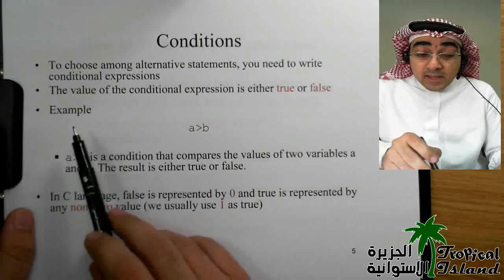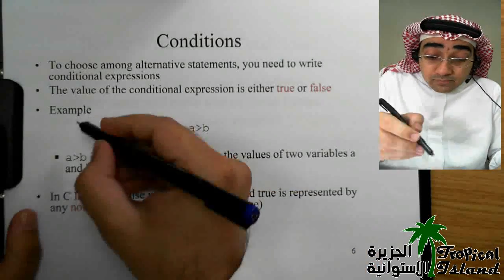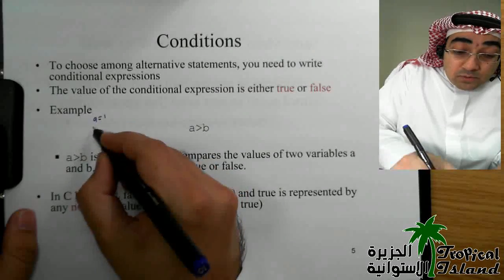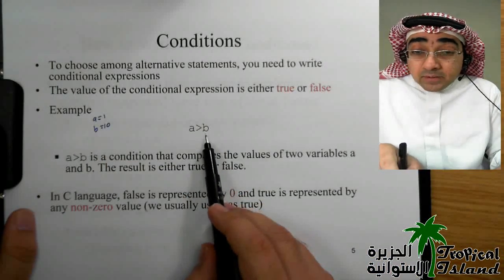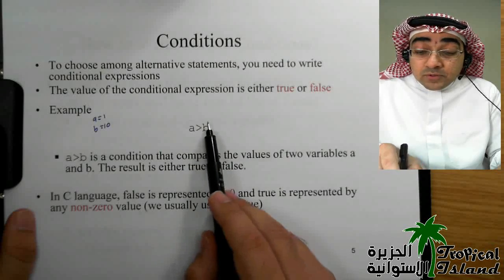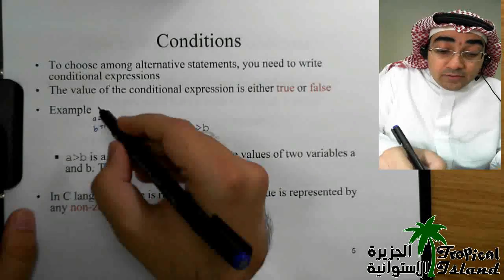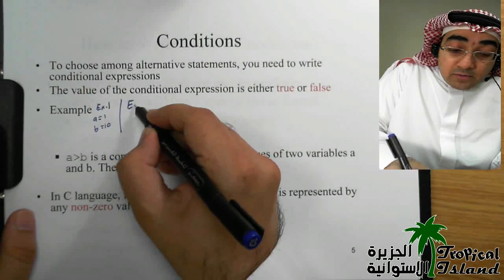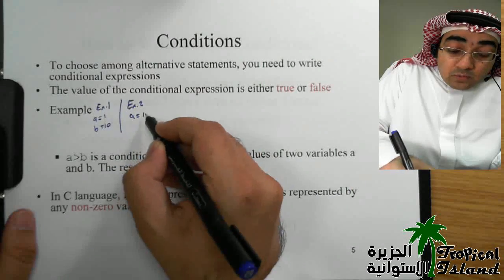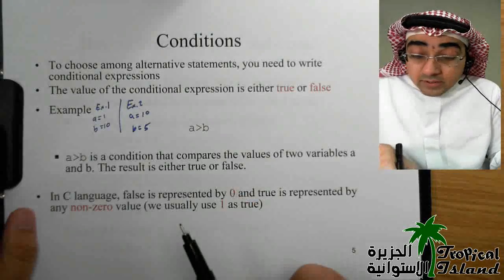So let's take an example of a condition: A greater than B. Now if A was equal to 1 and B is equal to 10, is A greater than B? No, A is not greater than B, so the result of this will become false. Wait, in example 1 A is 1 and B is 10. If, on the other hand, in example 2, A was 10 and B was 5, is A greater than B?